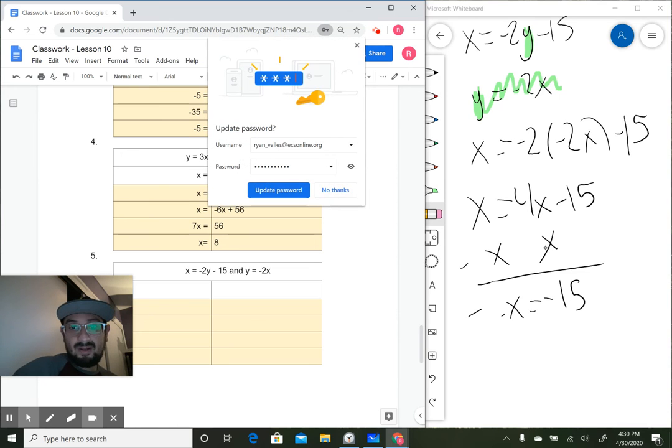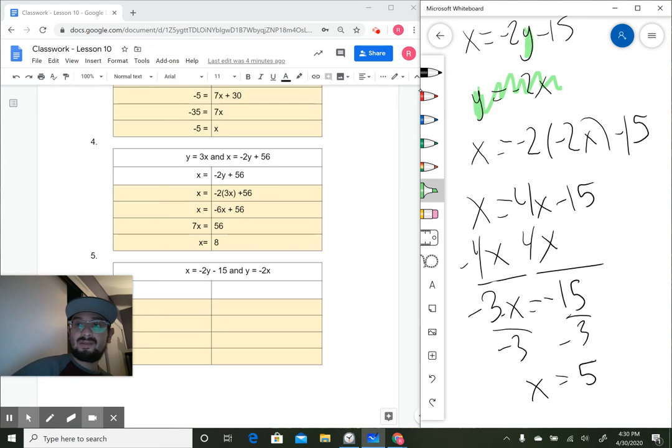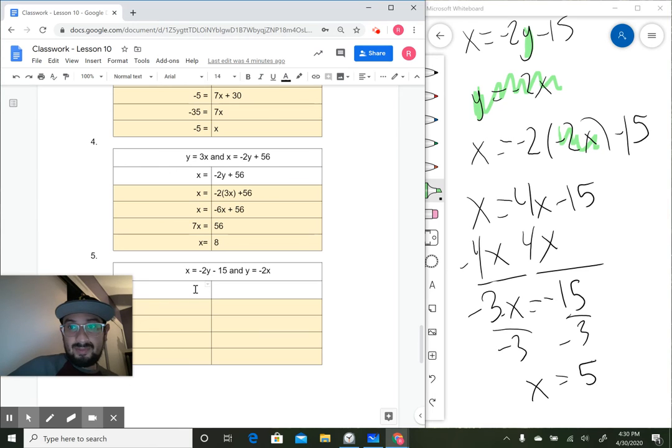So subtract 4x on both sides, and you get x minus 4x is negative 3x. So divide by negative 3, and you get x equals 5, because a negative divided by a negative is a positive. Okay, so I'm going to start off with x equals negative 2 times y minus 15, replace that y with negative 2x minus 15.